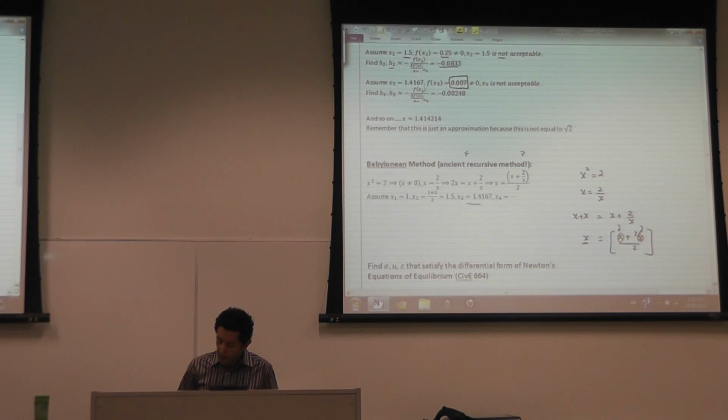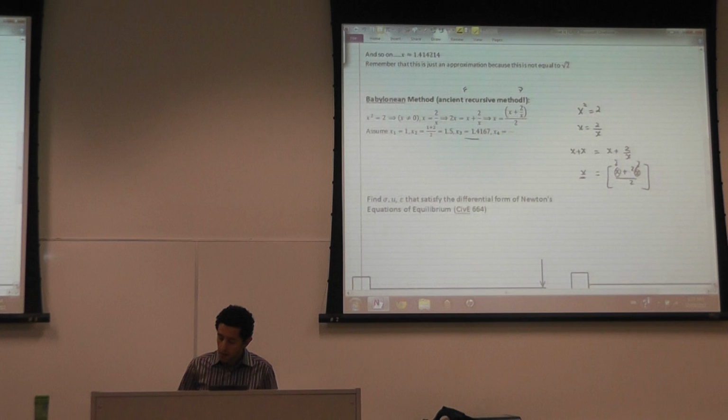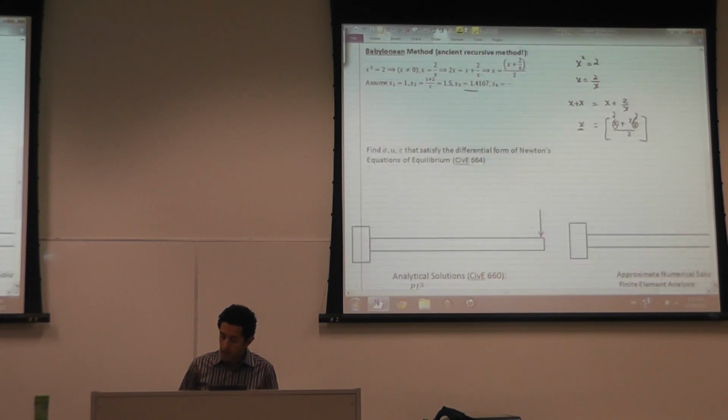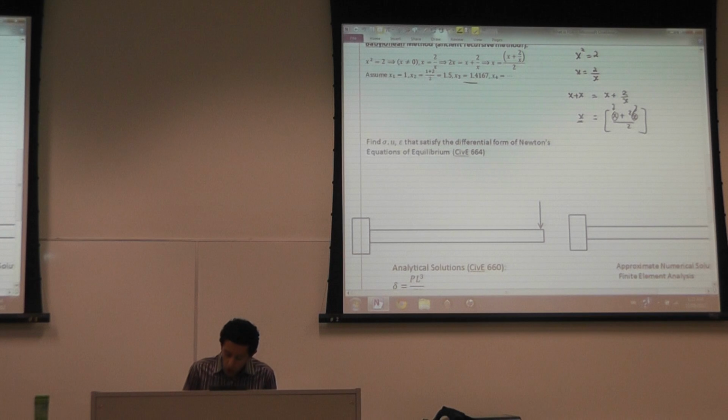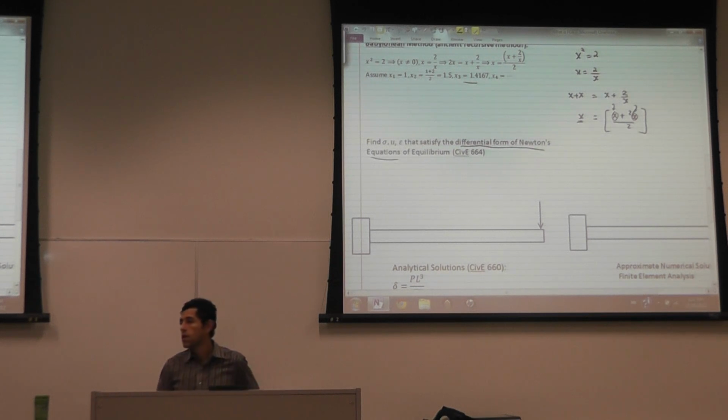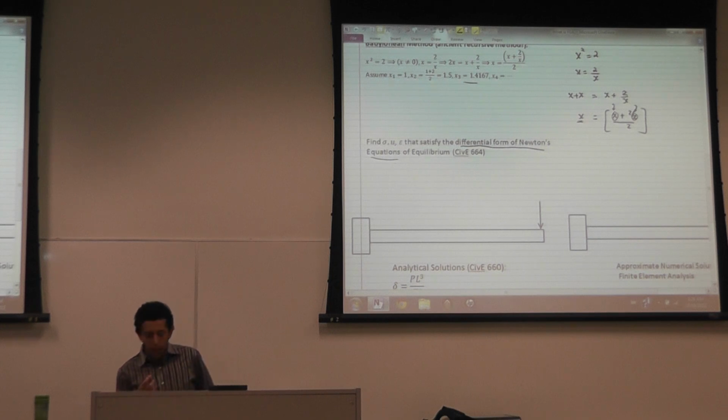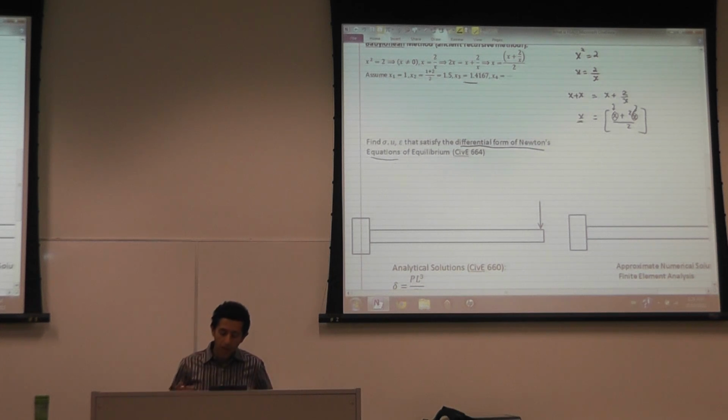So the finite element analysis method is a numerical method that tries to find a solution to a certain problem. Now this problem is a differential equation that usually arises from Newton's equations of equilibrium. It's a differential equation of equilibrium that we will study at the end of next lecture.